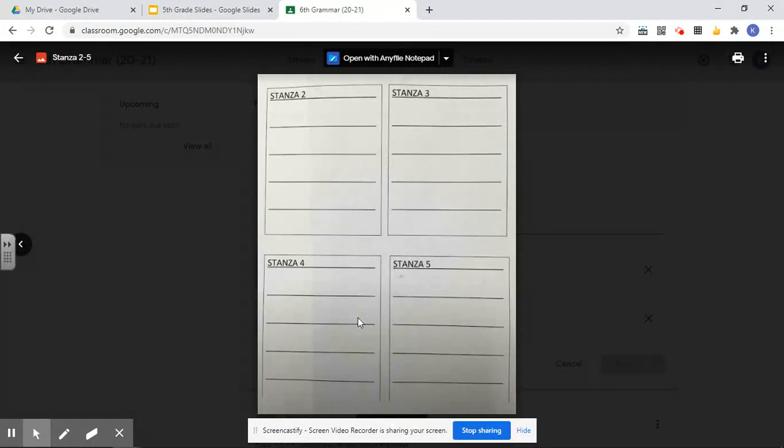Like I said, every one of these stanzas can be a different character introduction, or a different scene in the poem, or it can be about the same character all the way through, like some of these poems that you read over the last few days. It can be all about a skeleton, or a werewolf, or a vampire, or Frankenstein making a sandwich. There's all kinds of different choices.